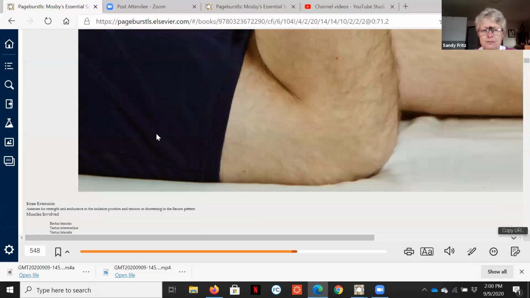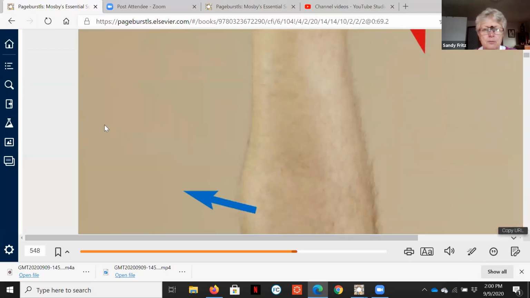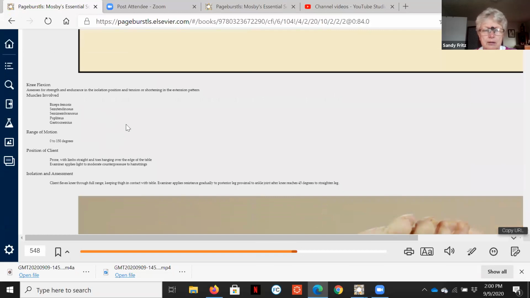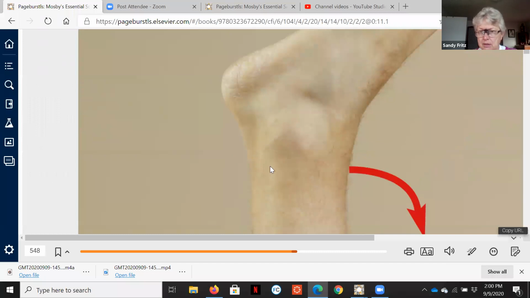So if the problem is shortening or hypomobility in extension of this joint, extension of the knee, then we might need to go look at its opposing muscle group. It may be the flexors that won't let go, and vice versa. If a person has trouble flexing their knee, it could be that these muscles are not strong enough. That's what we would assess with the muscle testing.